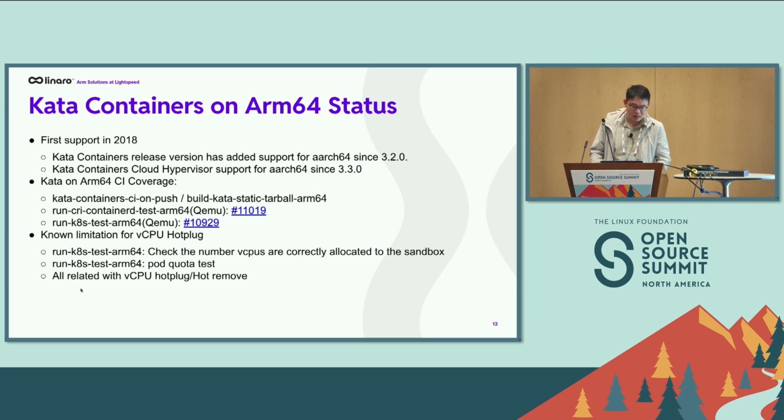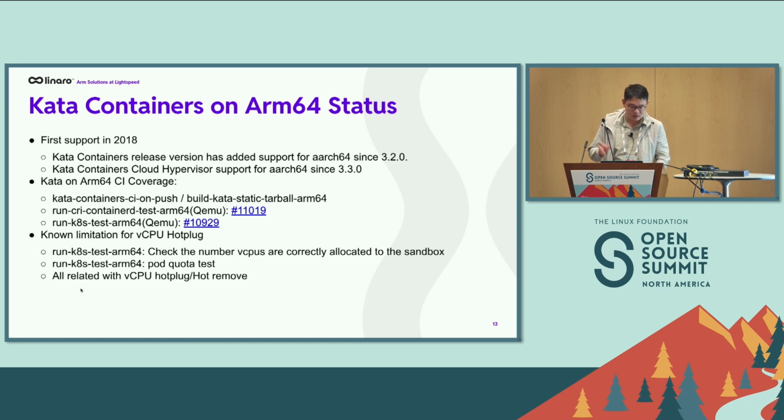So it has a bunch of different components, right? And those different components will be automatically built into a tarball. Then in the CI job, it will use kata-deploy to deploy Kata's dependencies, and run the tests.